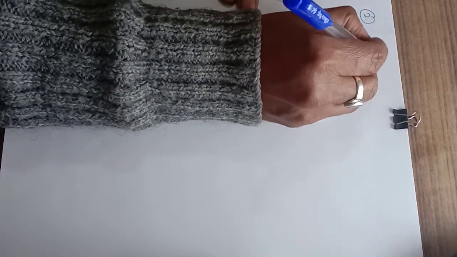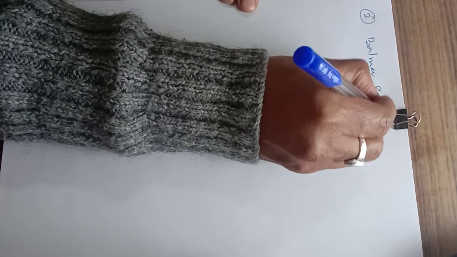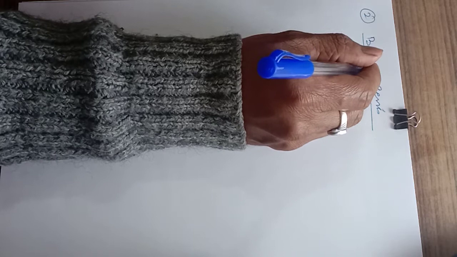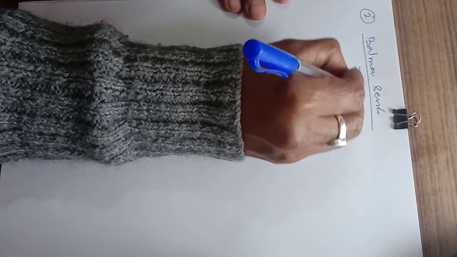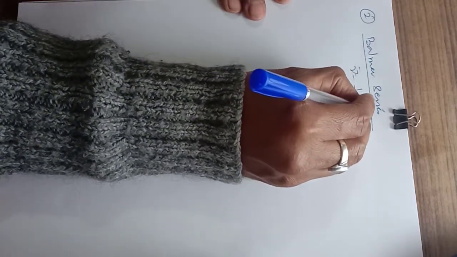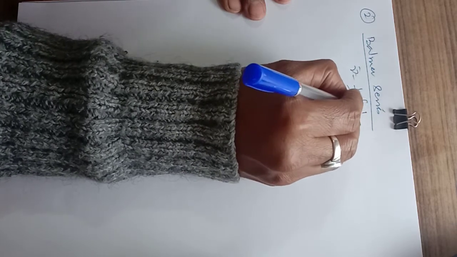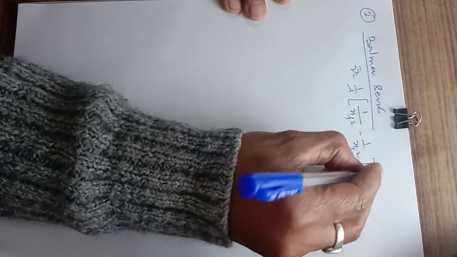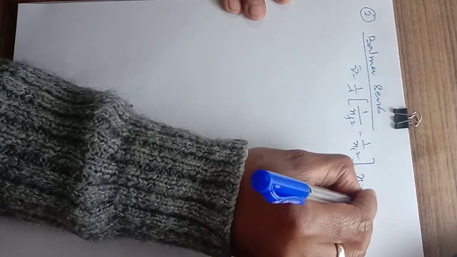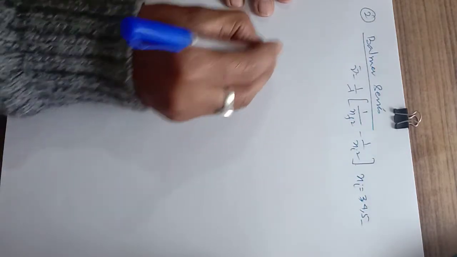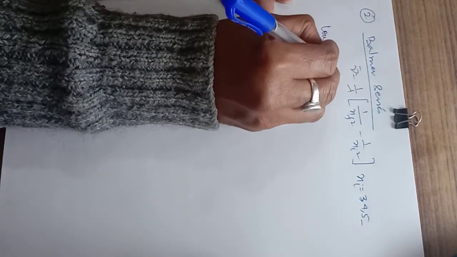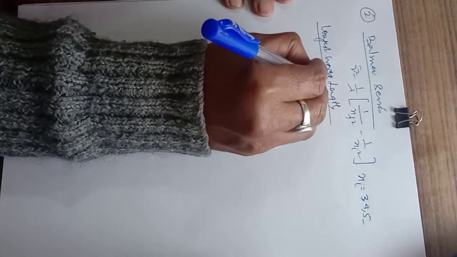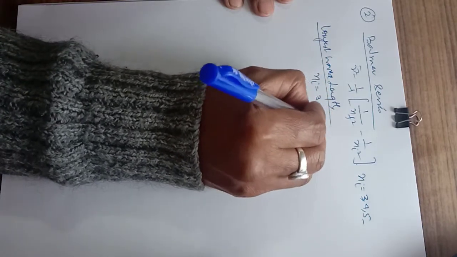Second is the Balmer series. ν̄ is equal to 1/λ, that is R(1/nf² − 1/ni²), where ni starts from 3, 4, 5, 6 and so on. So for the longest wavelength, ni is equal to 3 and nf is equal to 2.